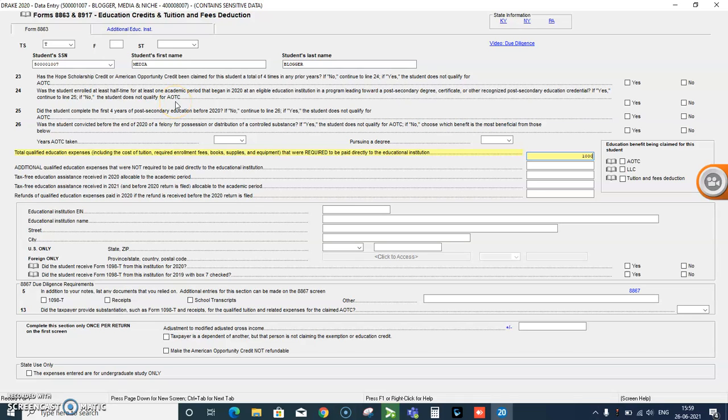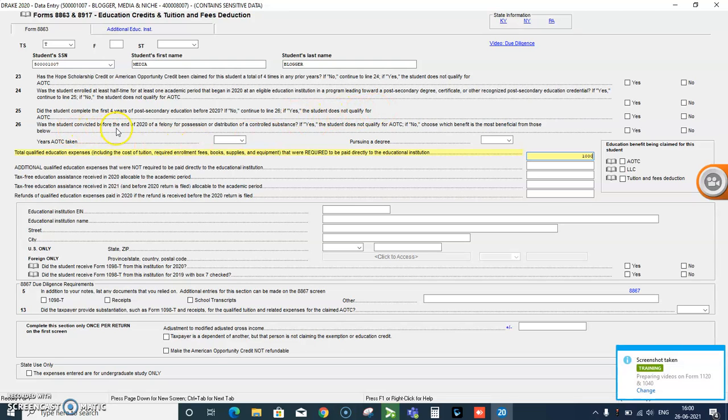AOTC is basically, as we know, the American Opportunity Credit. Also line number 25: did the student complete the first 4 years of post-secondary education before 2020? If no, continue to line 26. If yes, the student does not apply.